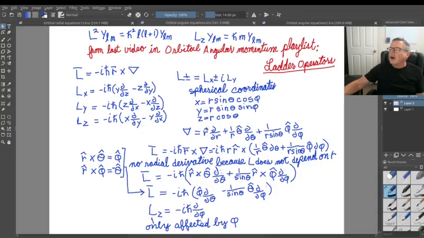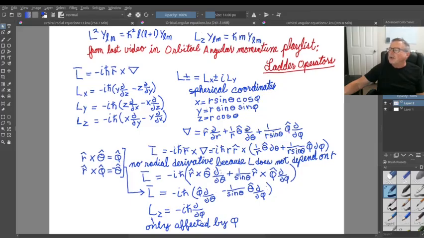The r operator, this is kind of an operator thing, so we're breaking it out into r operator, theta operator, and phi operator, rather than x, y, z. And here's the first partial with respect to r, plus 1 over r. This should look familiar. This 1 over r here for the theta and 1 over r sine theta for the phi.